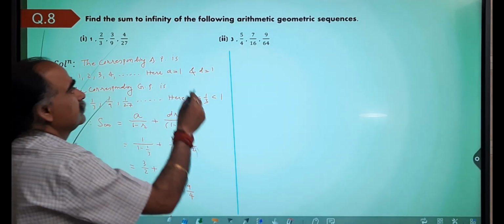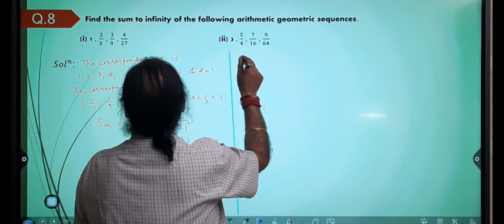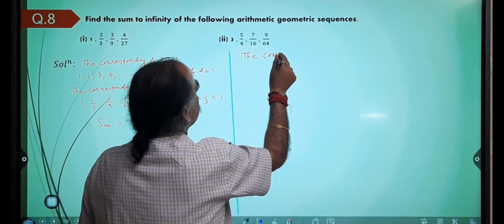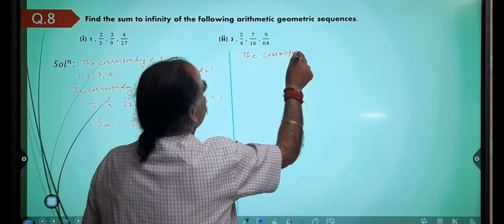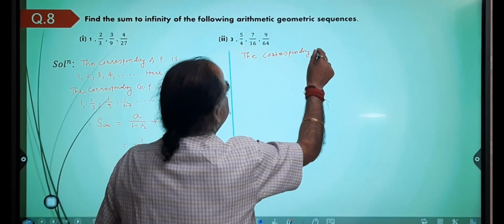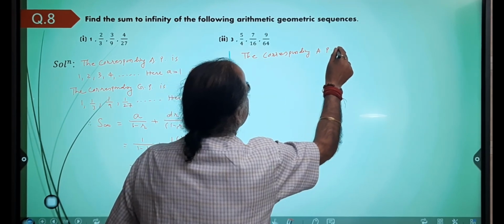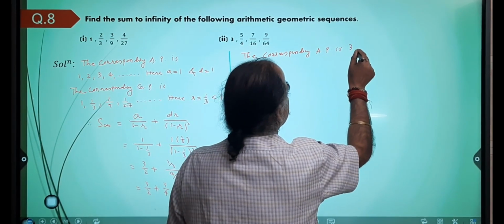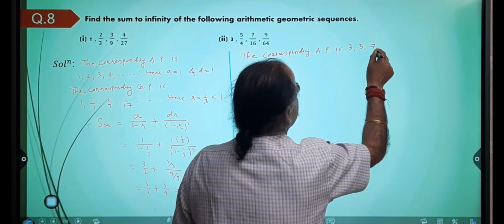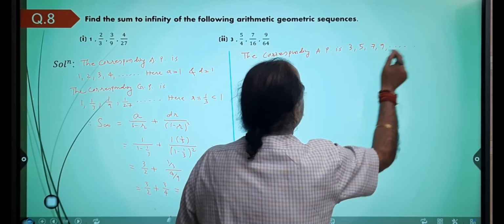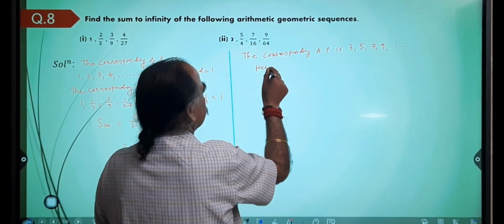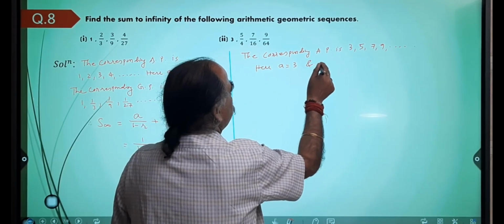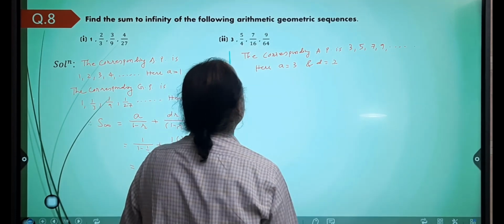Now the second one. The corresponding AP is 3, 5, 7, 9 and so on. Here A is 3 and common difference D is 2.